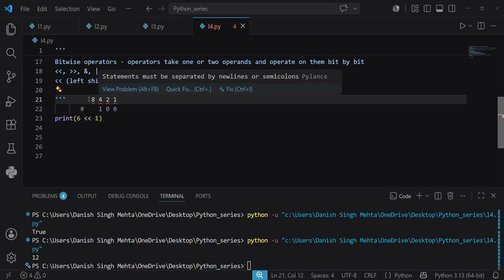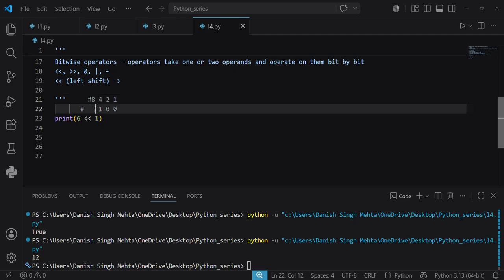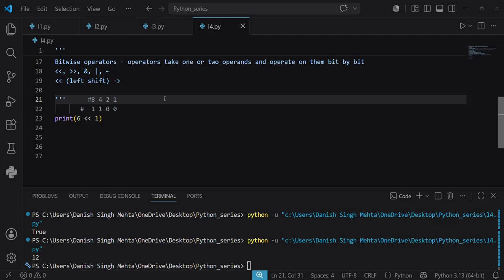Because, as I have told you, we have shifted all the values by 1 towards the left. So below 4 we have 1. Before that, let me just tell you what we have before it.